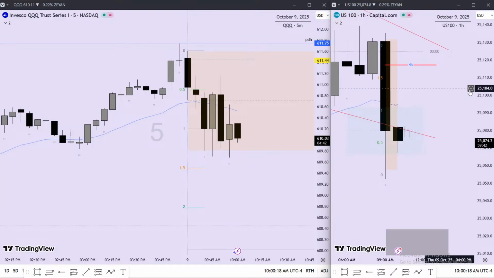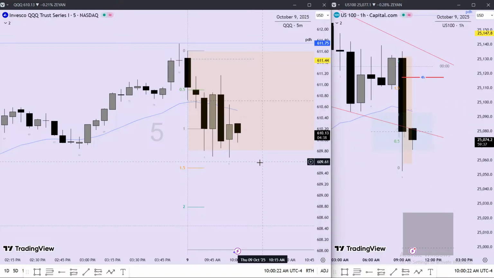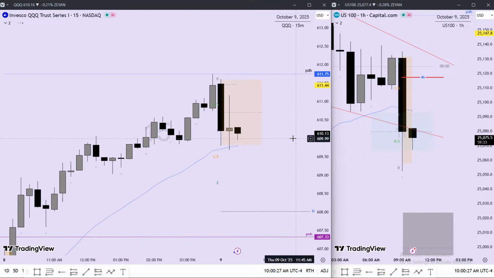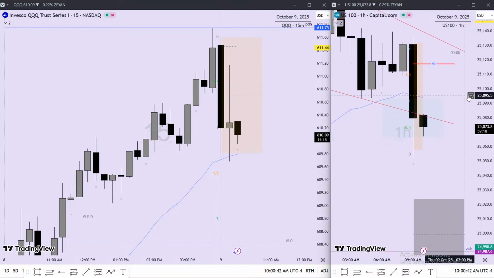So we have closed. The hourly candle is closed below. On the 15 minutes here, we are gyrating around the 20-period moving average on the 15 minutes.